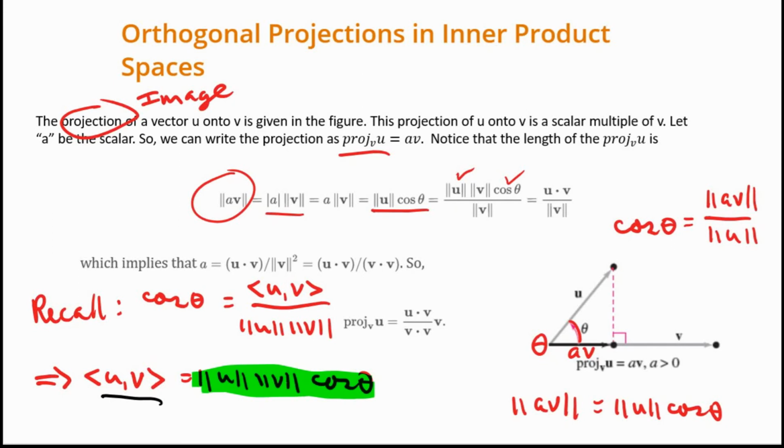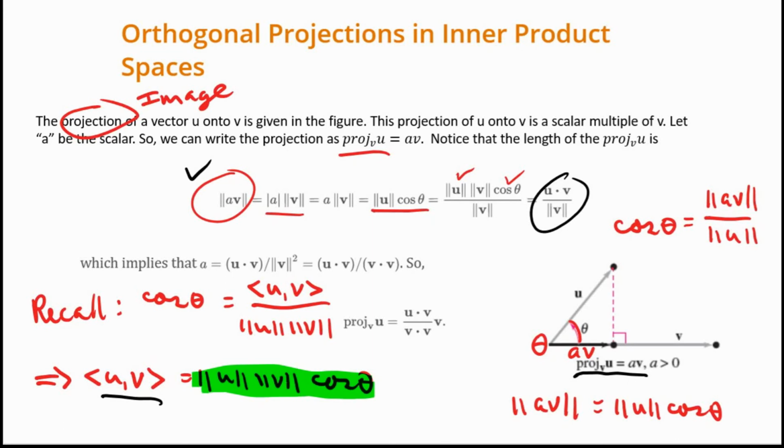And now what he's doing is, you're only computing here the norm of av, but the projection is just defined as av. So basically you go through the task of removing the norm to get what's on the inside, just av. And so the norm of av is this.